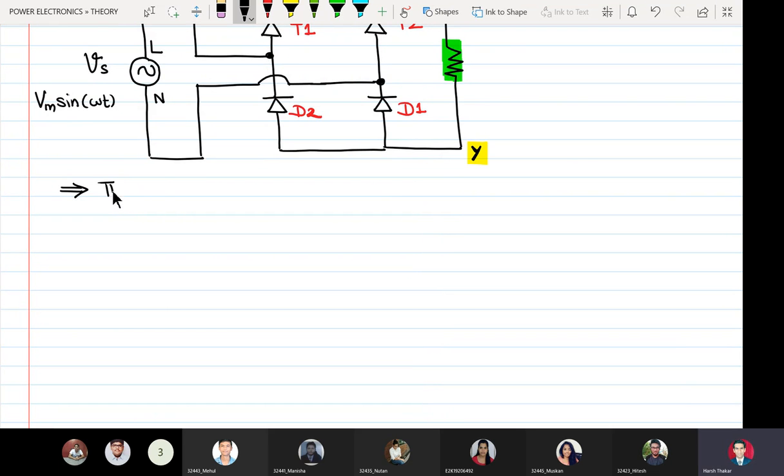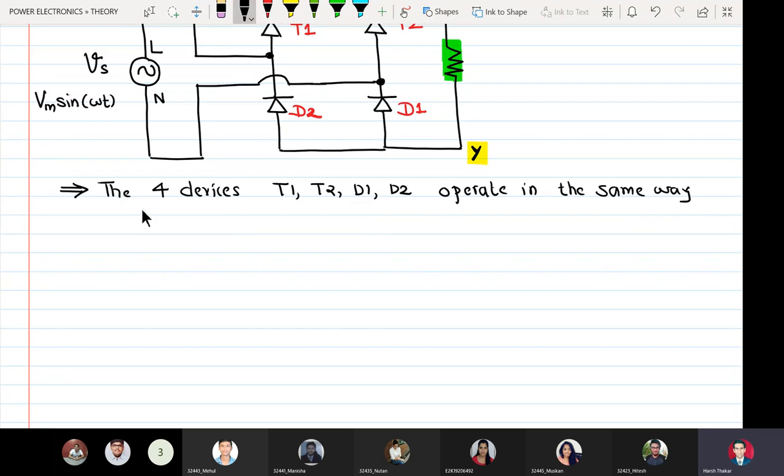That the 4 devices T1, T2, D1, D2 operate in the same way as the 4 devices in the conventional bridge rectifier.